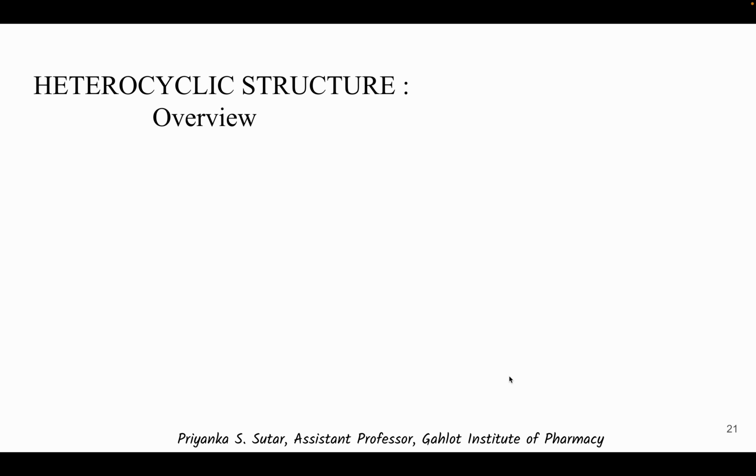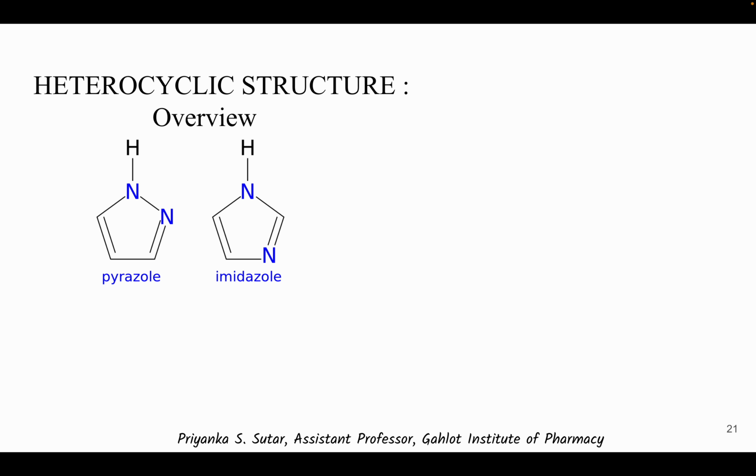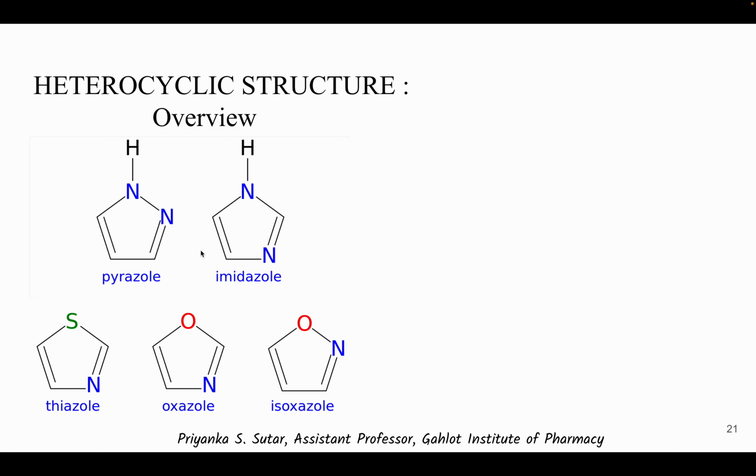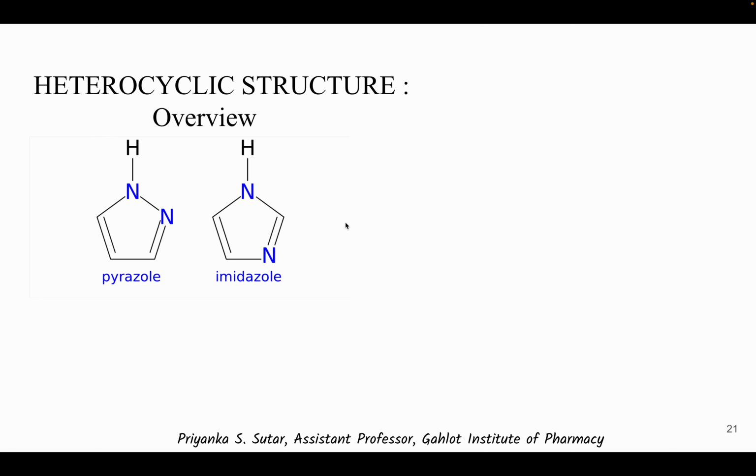Okay, now again let's have an overview of the structures. These are the five membered ring azoles, right? Azoles, ol for five membered ring unsaturated. These are five membered rings which contain two heteroatoms. This is 1,2 azole, this is 1,3 azole, and both structures contain the same heteroatoms but the positioning is different. This is 1,2 and this is 1,3.